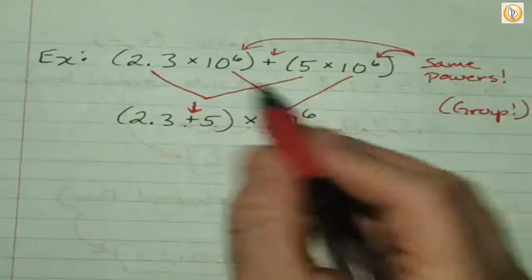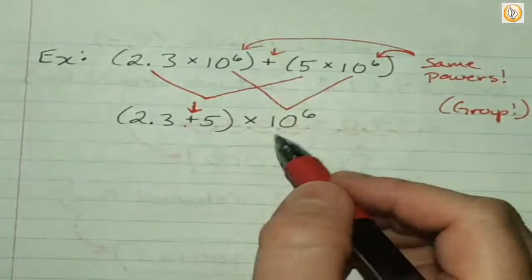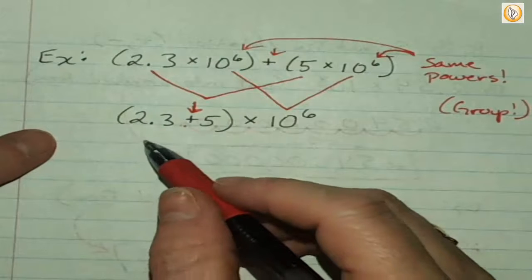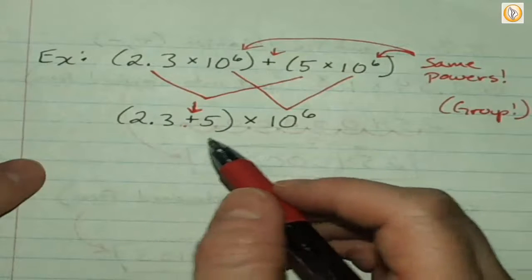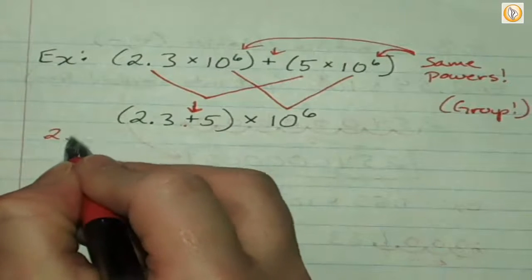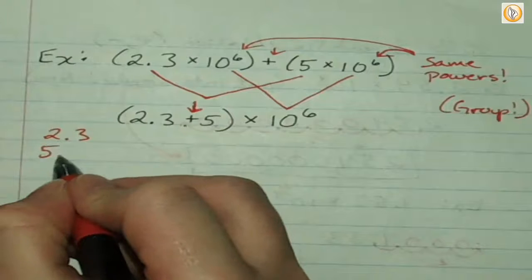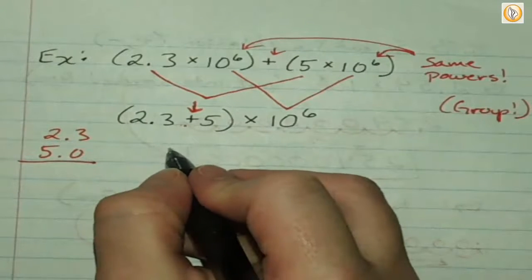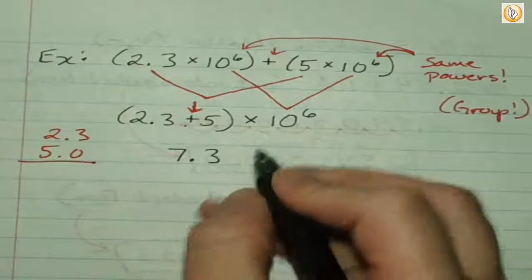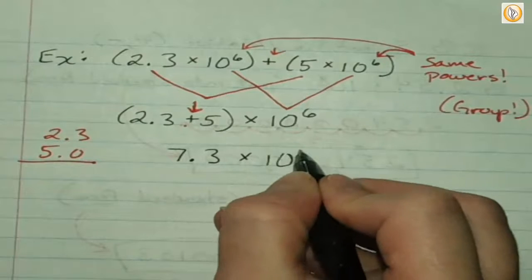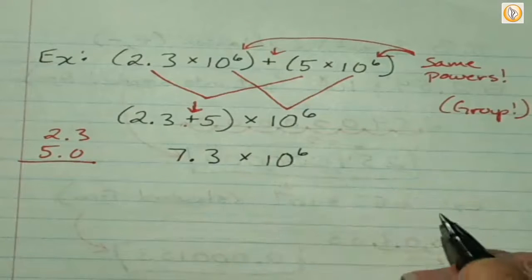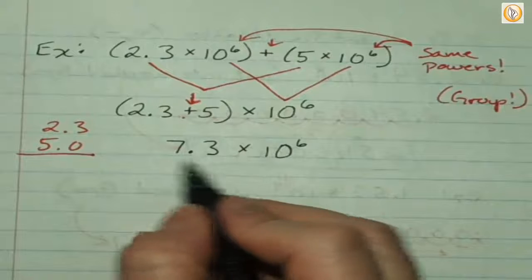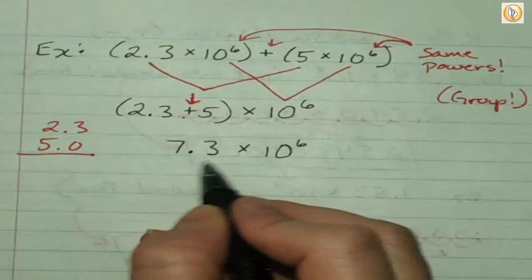Okay, so we don't do anything. They're the same, so we just bring it down. So 2.3 plus 5, remember the decimals have to be lined up. We get 7.3 times 10 to the 6th power. Now, Cecilia, is this number between 1 and 10?